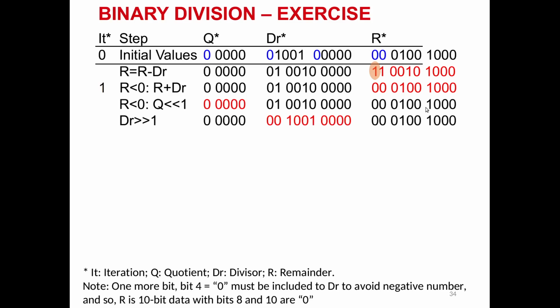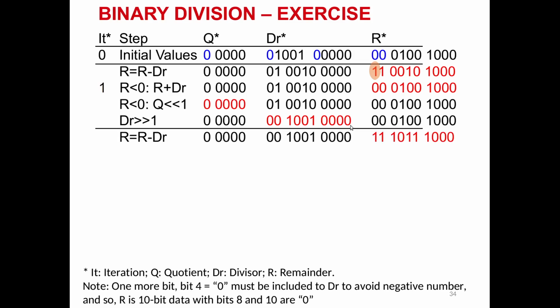And then we shift DR 1 bit to the right. As DR shifts 1 bit to the right, you can see that this bit 1 here shifts 1 bit to the right, and this bit 1 here shifts to the right will be here, and so DR will be 0 0 1 0 0 1 0 0 0 0.